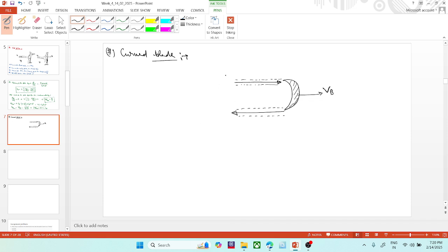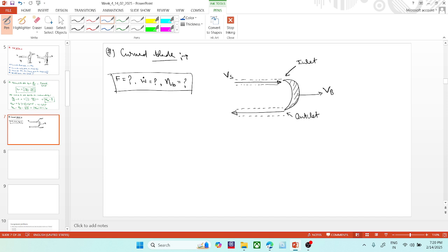The jet speed is Vs. This is my inlet, and this is my outlet. This is my nomenclature, and here we will try to get the impulse force, the power, and the blade efficiency. We say blade efficiency because we have a curved blade here. So these three things are the aim to calculate in this problem.